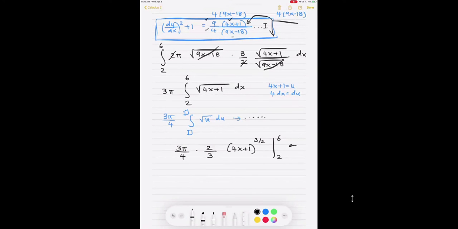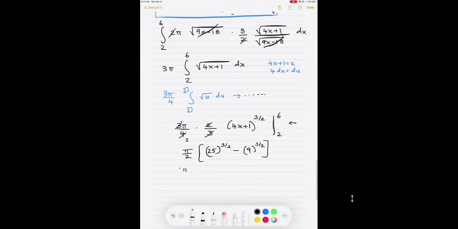Yep. Great. So then we just cancel whatever you need to cancel. So it seems you have pi over 2. And now my trick, because when it is 3/2, this is going to be what? 25 to the 3/2 minus 9 to the 3/2.